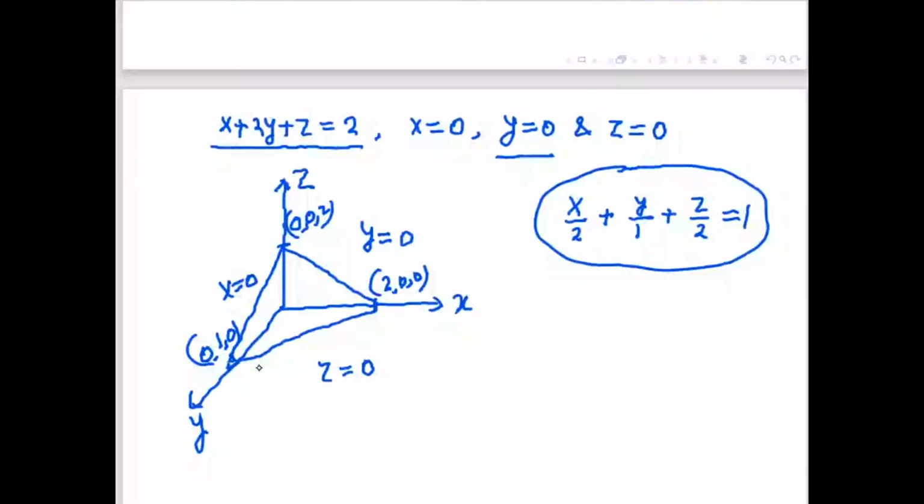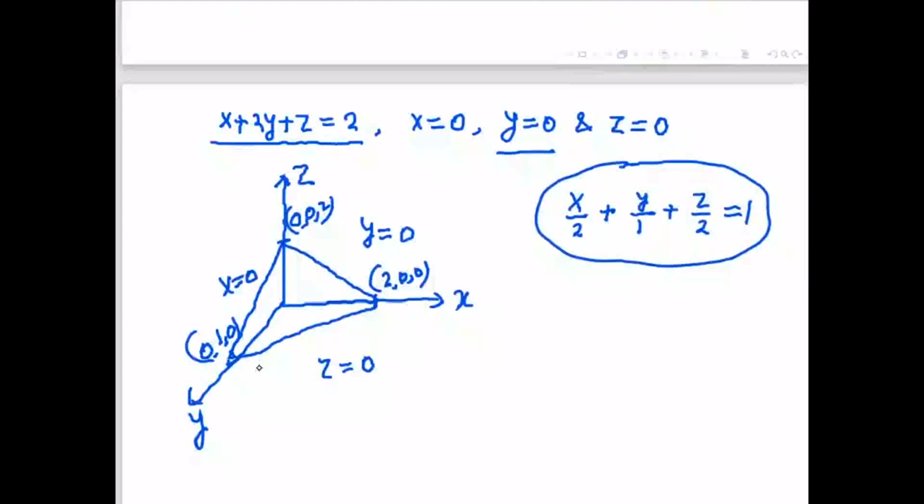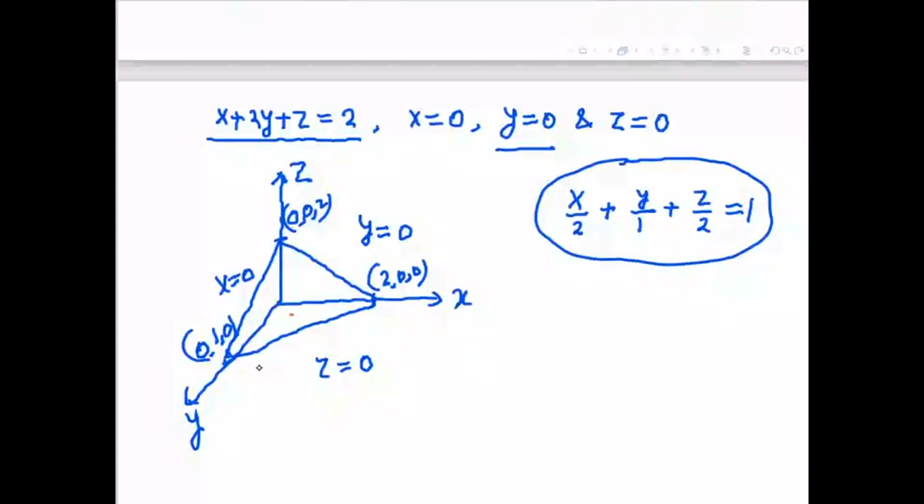Suppose you are at this red color dot. So now we'll see what is the value of z. Z will start from the floor, that is z equal to 0. It will go up to what? It will start from z equal to 0 and it will hit this plane.